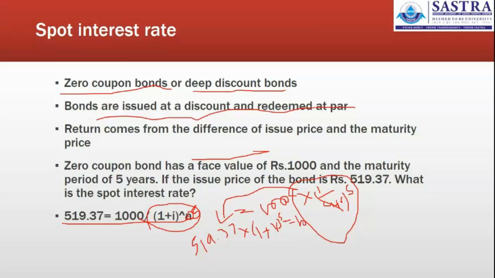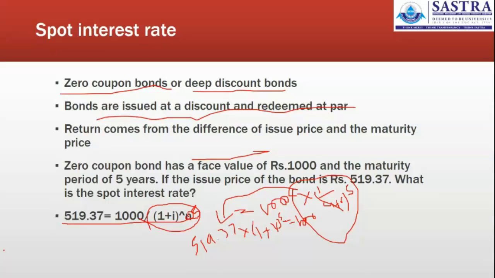Exactly, you know that. Because here the 1000 rupees is the future value, the maturity value. The present value at which you are going to buy the instrument is 519 rupees. It is multiplied with the rate of interest and the number of periods for which the investment is proposed.